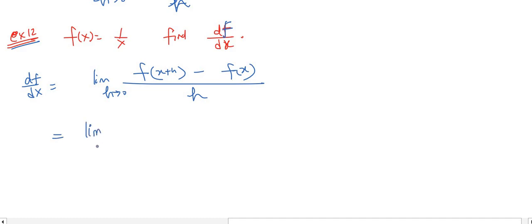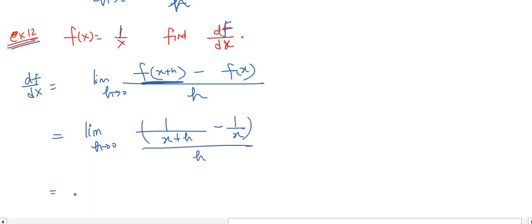So this will be limit h is tending to 0. What is f of x plus h? This is the formula. This is the function. So it will be 1 by x plus h minus 1 by x by h. Let me just simplify it little bit, okay?